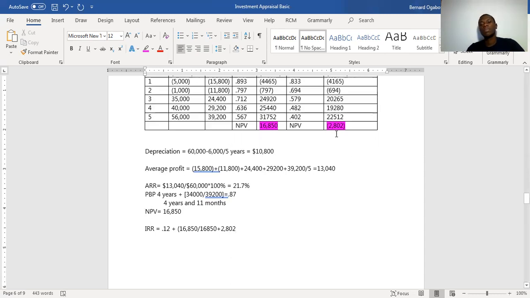If this second NPV was positive, I would use minus because the formula says minus, but minus here is plus. All of this should be multiplied by 0.20 minus 0.12. I'll put the whole of that in my scientific calculator and get the answer. If you don't have a scientific calculator, it's always preferable to get this one in bracket, multiply it by this other bracket, then you add it to this 12.